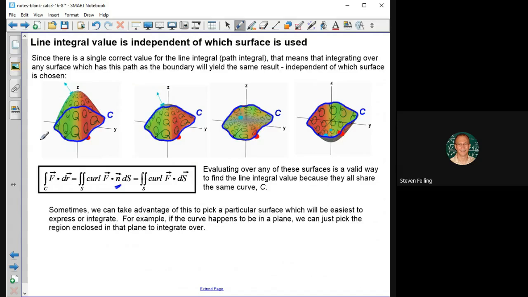And so one thing we can do is, sometimes they'll define a surface that's really weird, and we can say, okay, but by Stokes' theorem, since we're doing the path integral, not the surface integral, instead of doing this complicated one, why don't I just pick this one over here where the surface is a plane? Maybe it has a curve around it, but the surface itself is planar. So you can pick a convenient surface, okay? And we'll see an example of that here in a second.